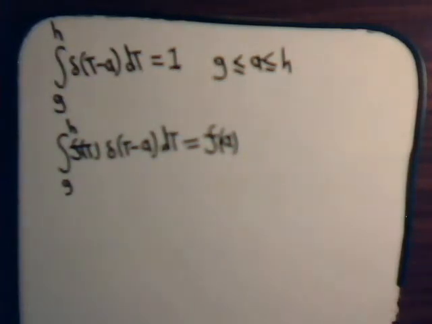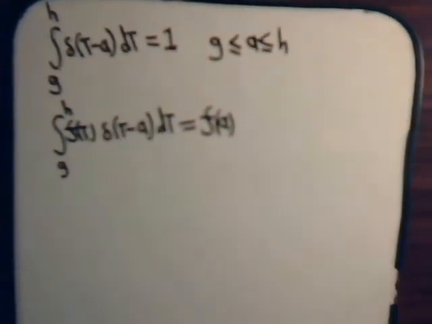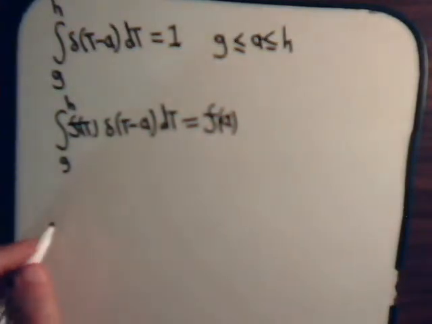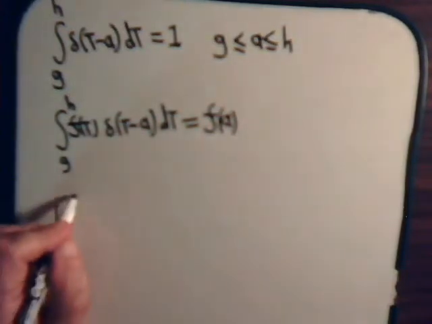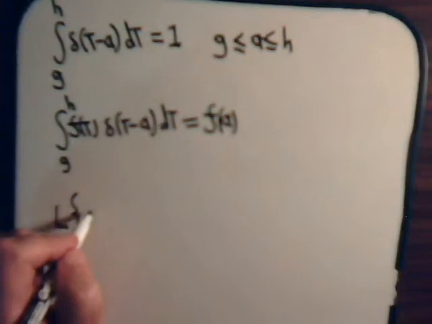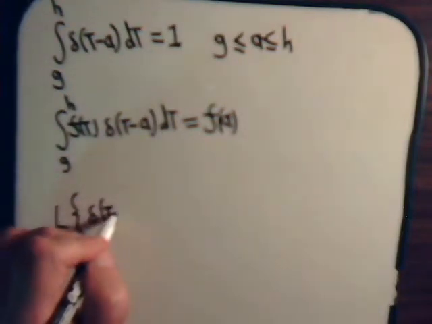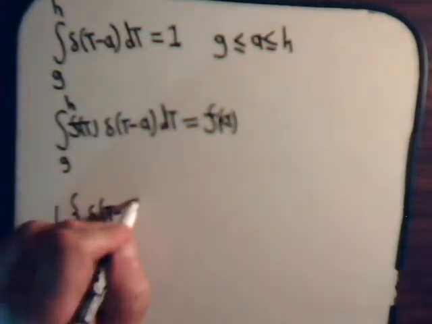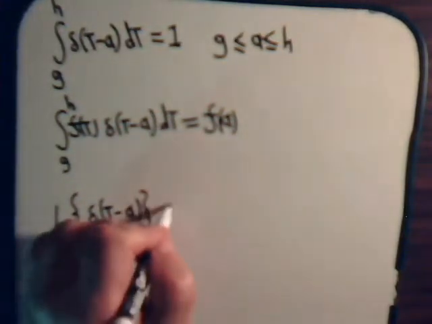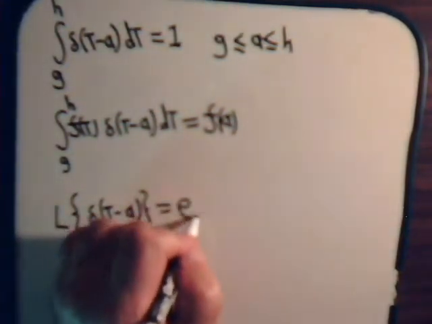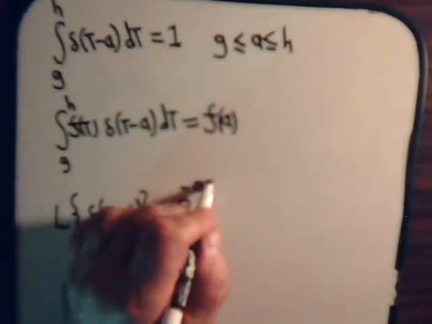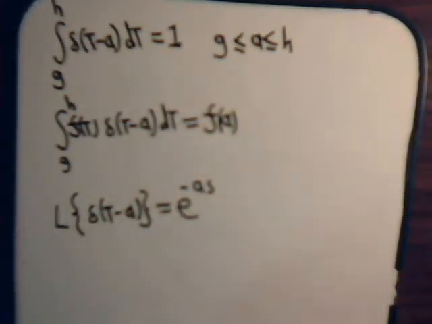And then for the Laplace transform, we just derived that the Laplace transform of delta t minus a is e to the minus as, and if it's just delta t, then the Laplace transform is 1.